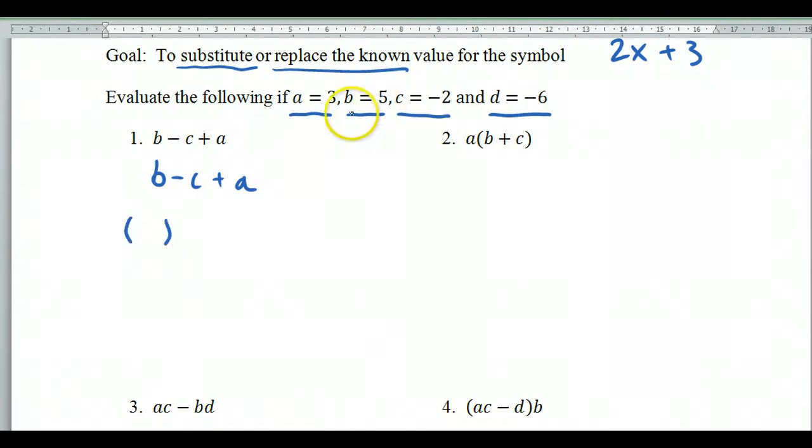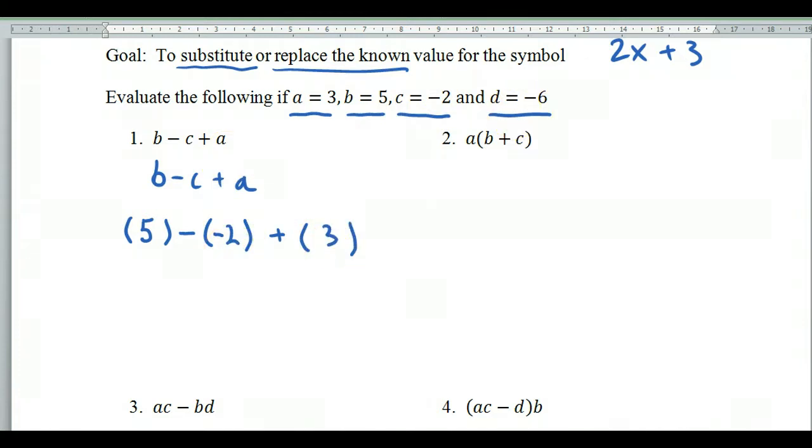Well, B was 5, so I'm going to put a 5 instead of the B. Okay, now I have a minus sign, and I'm going to put a bracket here again, and I might as well put a plus sign and a third bracket here for the A. And now I'm going to replace all those symbols. So instead of C, I have -2, and instead of A, I have 3.